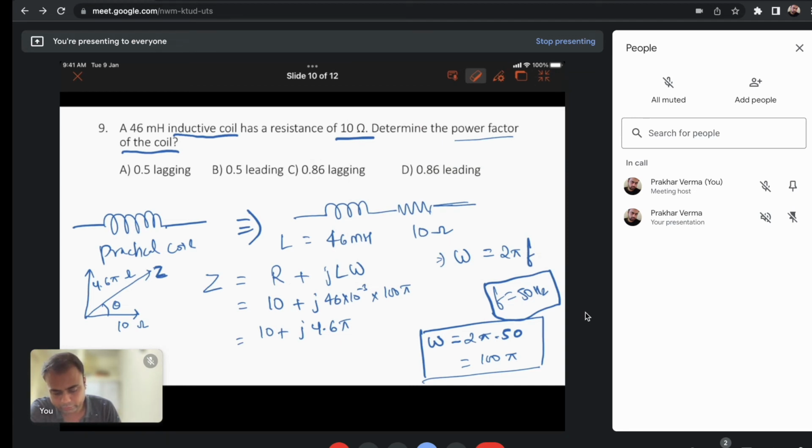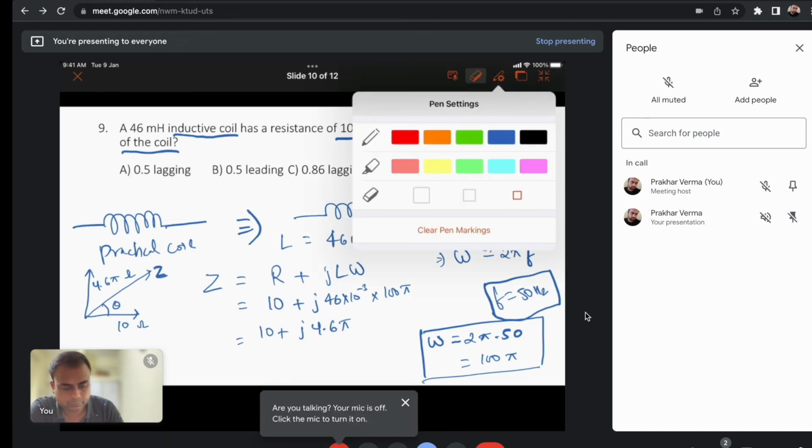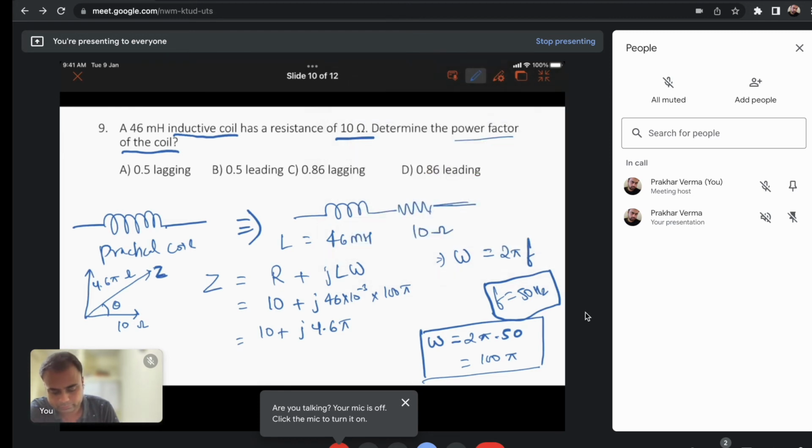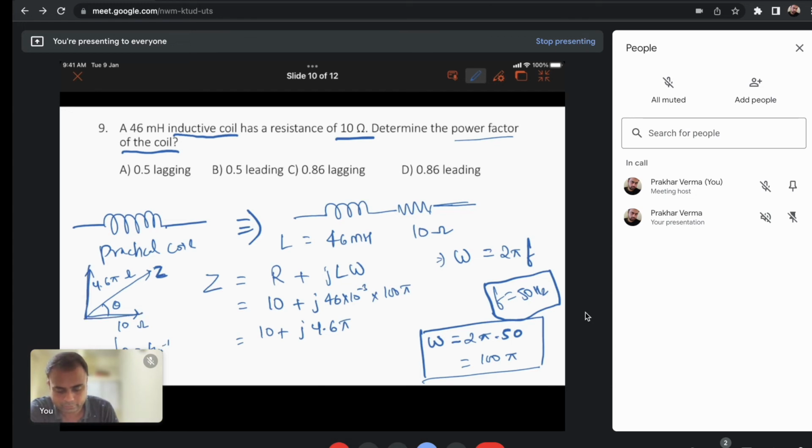So for this we need to calculate the value of theta. So theta will be tan inverse of the perpendicular by the base. Perpendicular is 4.6 pi, base is 10.